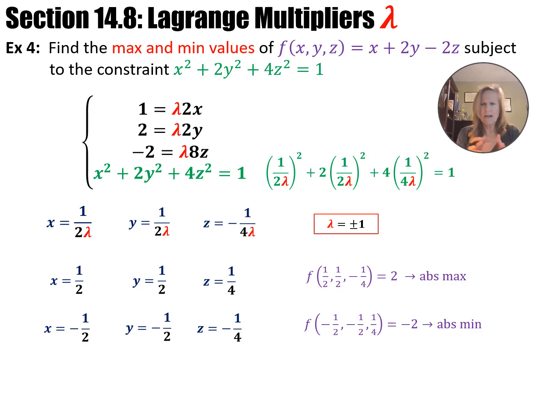So domain values of 1/2, 1/2, negative 1/4 gave me my max of 2, and domain values of negative 1/2, negative 1/2, 1/4, which all satisfy the constraint, also on the surface. But of all the points on the surface that satisfy the constraint as well, those two create the highest and lowest values for Z. All right, one more.